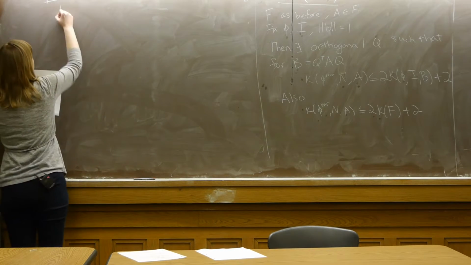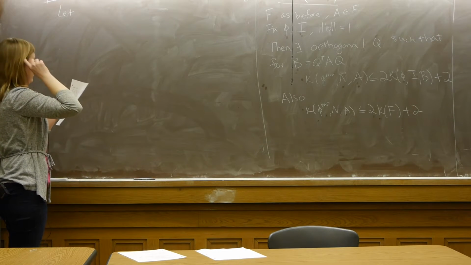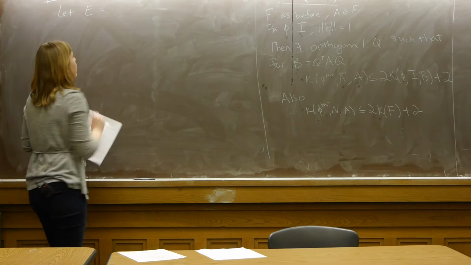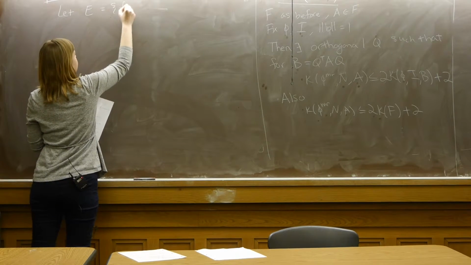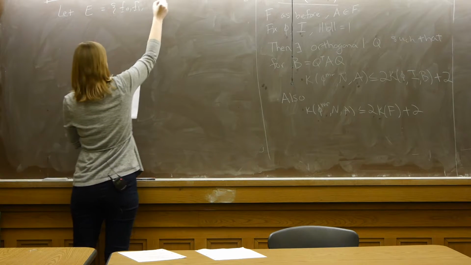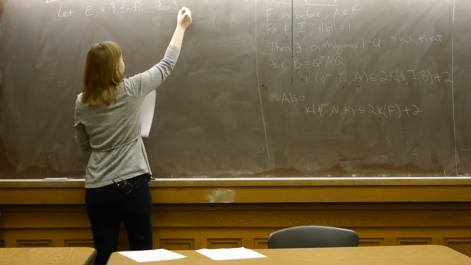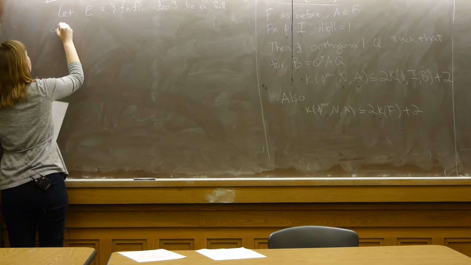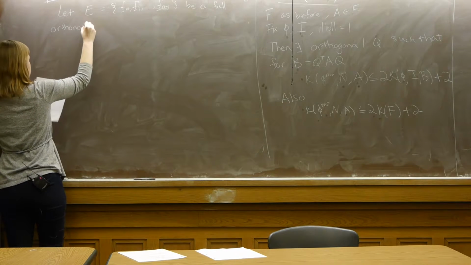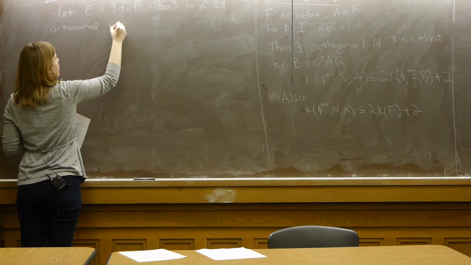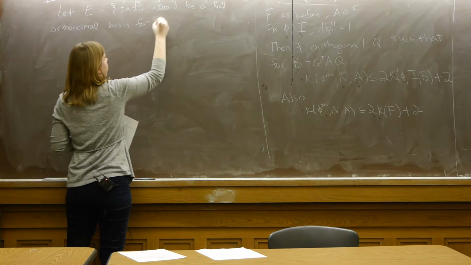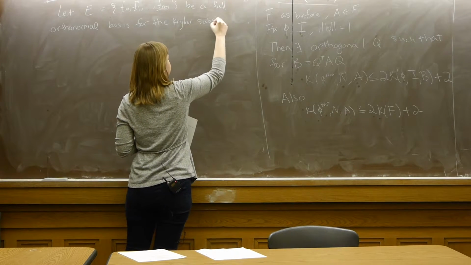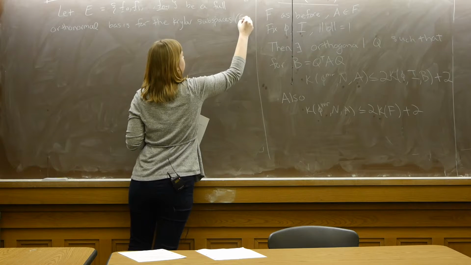All right, so we start with a little bit of, we have to play around a little bit to set up our proof. So first, let the set E be the set of vectors f0, f1 through fn minus 1, be a full orthonormal basis for the Krylov subspaces for AB.